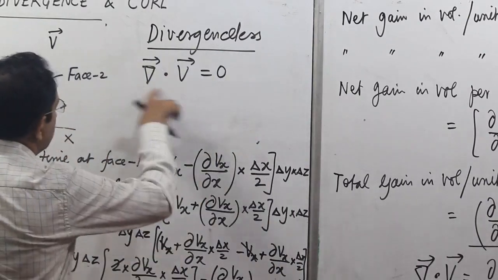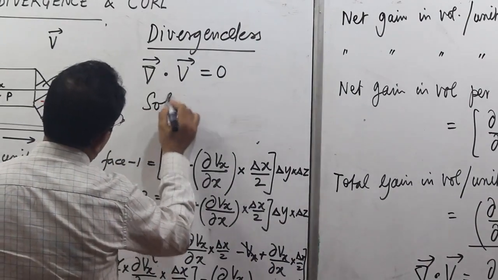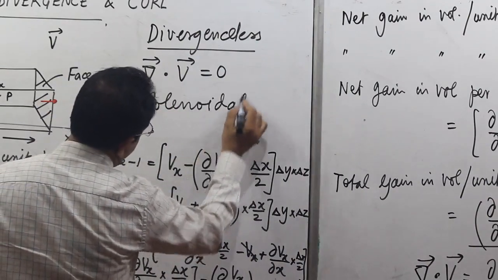Such a field, a vector field which shows this property, is called solenoidal also.